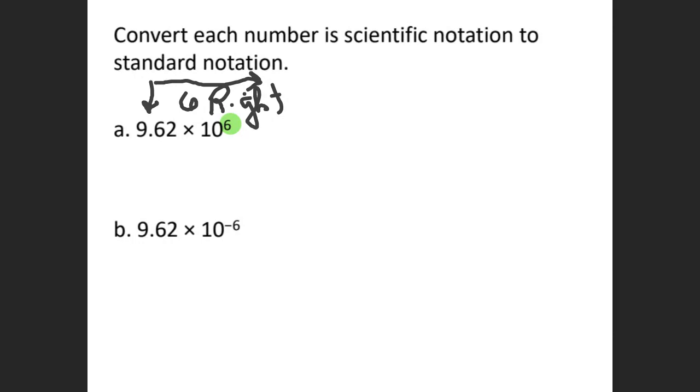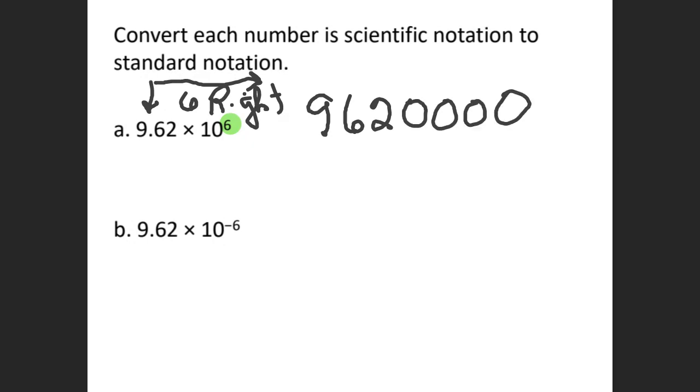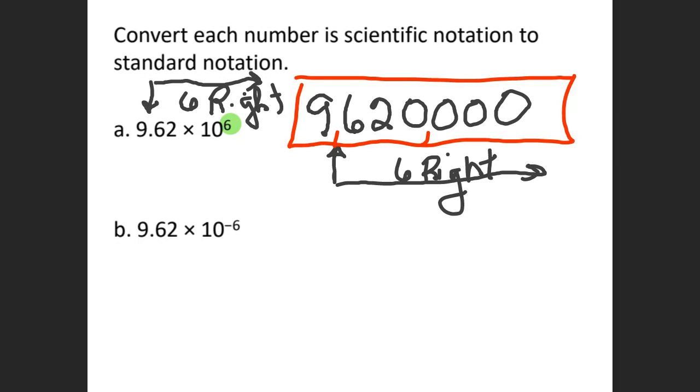Right is positive, which means I write 9, 6, 2, 1, 2, 3, 4. This decimal place moved 6 to the right. And I'm going to put little commas in here. This is my answer in standard notation.